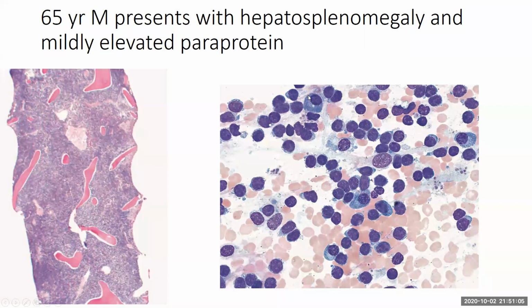And here we have plasma cells, lots of plasma cells, but what are these cells in the background? They're just lymphocytes. So you have a lymphoplasmacytic-like appearance on the aspirate. So what's your diagnosis? LPL. LPL, right.